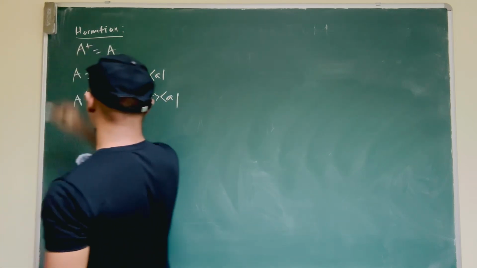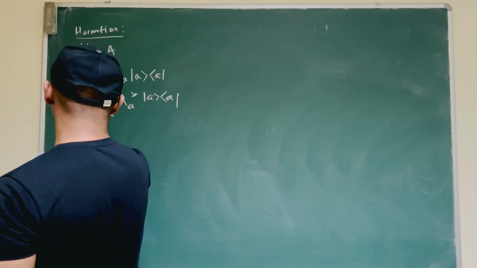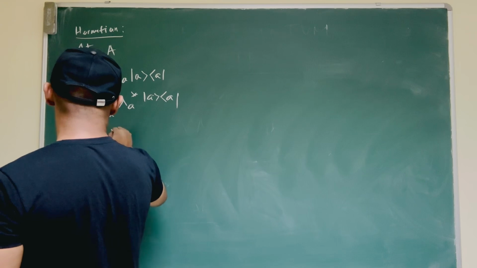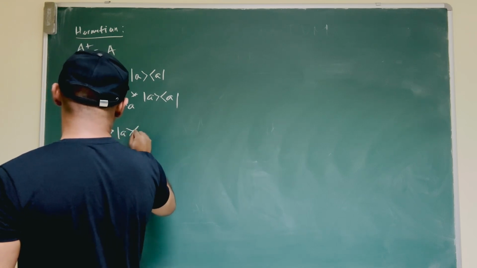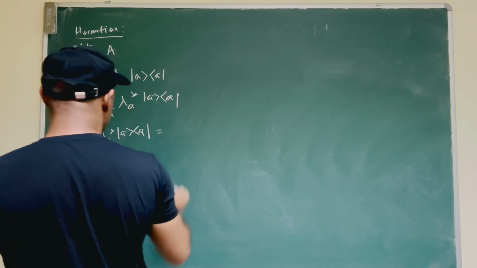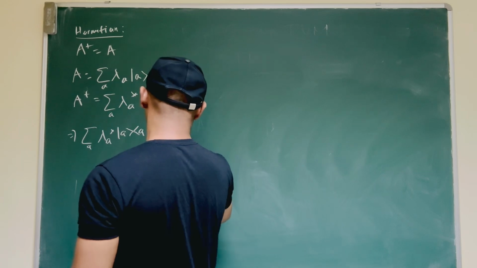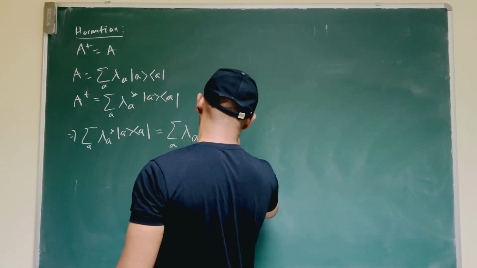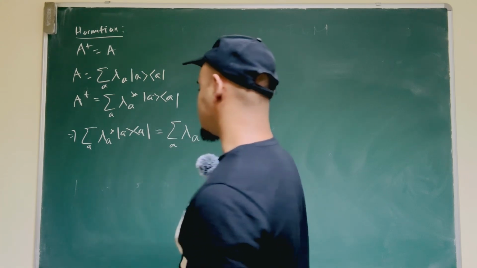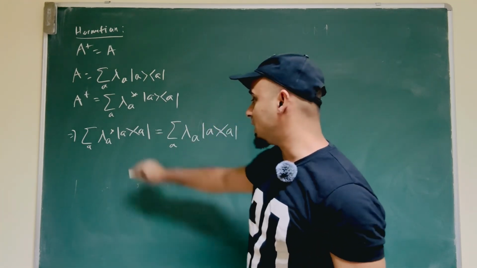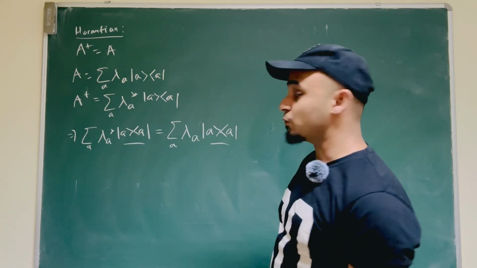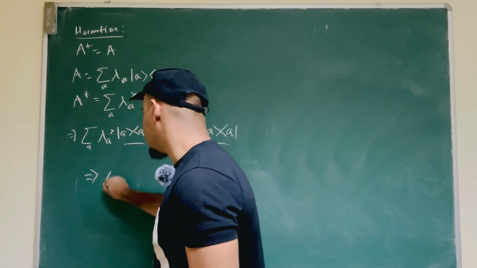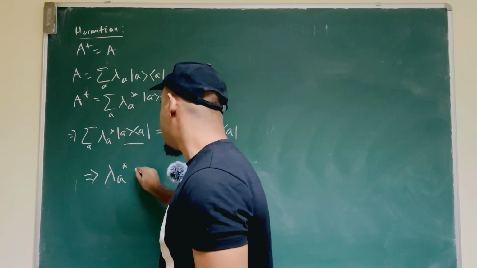So let's put this here: summation over a of lambda a star |a⟩⟨a| is equal to summation over a of lambda a |a⟩⟨a|. We can see that term by term, these |a⟩⟨a| are the same. So what would that mean? That would imply that lambda a star equals lambda a.